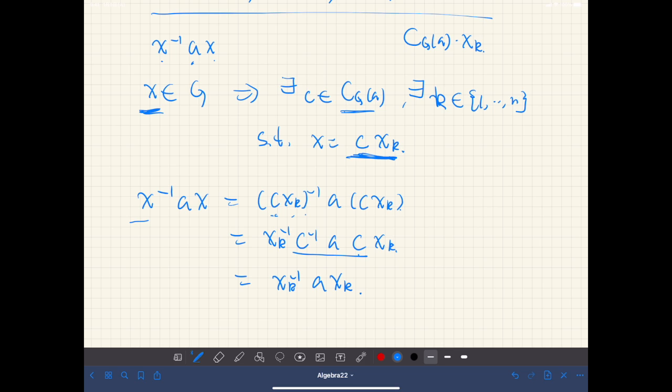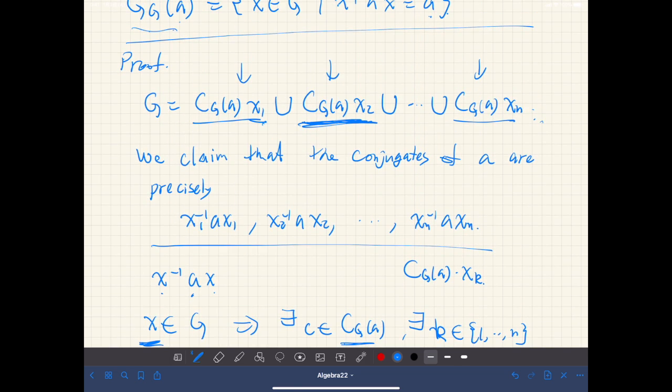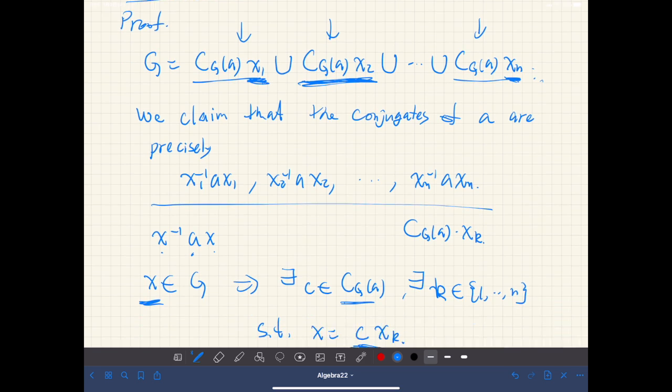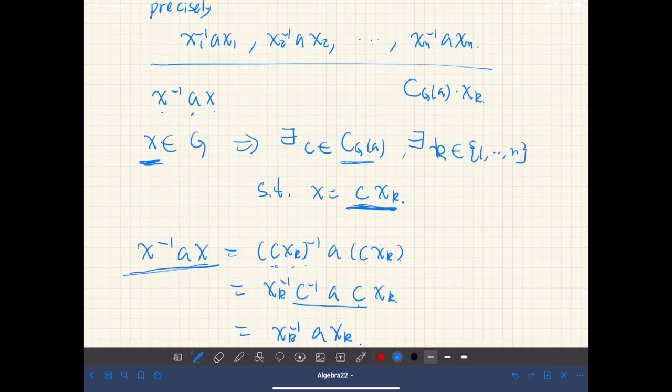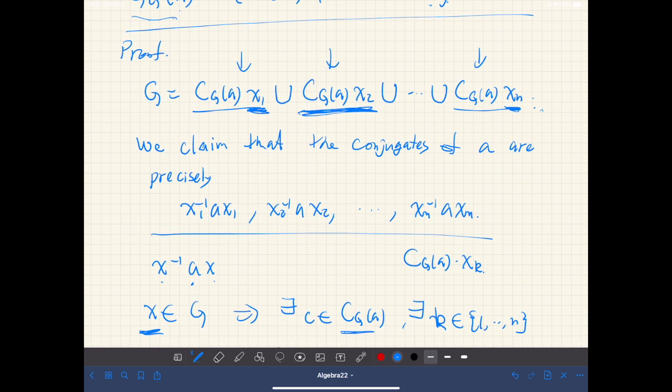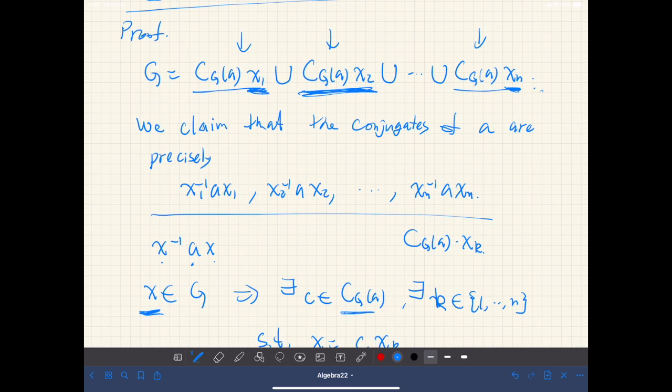Therefore, any conjugate of A can be expressed this way, where xk is one of the elements comprising the coset decomposition of group G. This proves our claim that all the conjugates of A are precisely given by this.